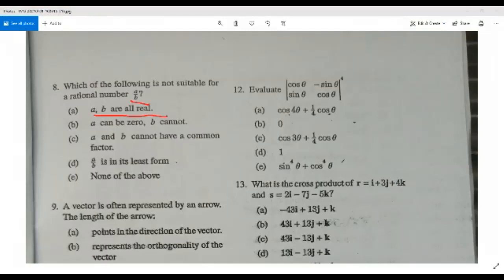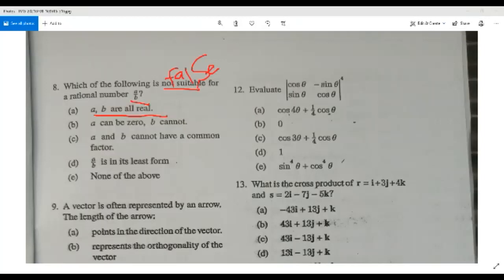So they are all real numbers. That is true, right? So when it says which is not suitable, it means which is not true. So you're looking for a false statement.